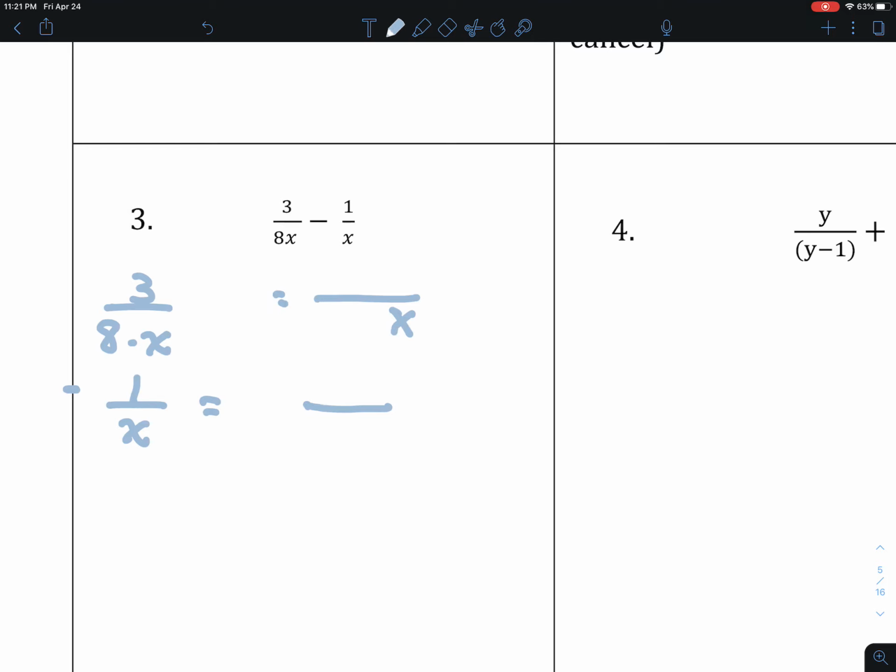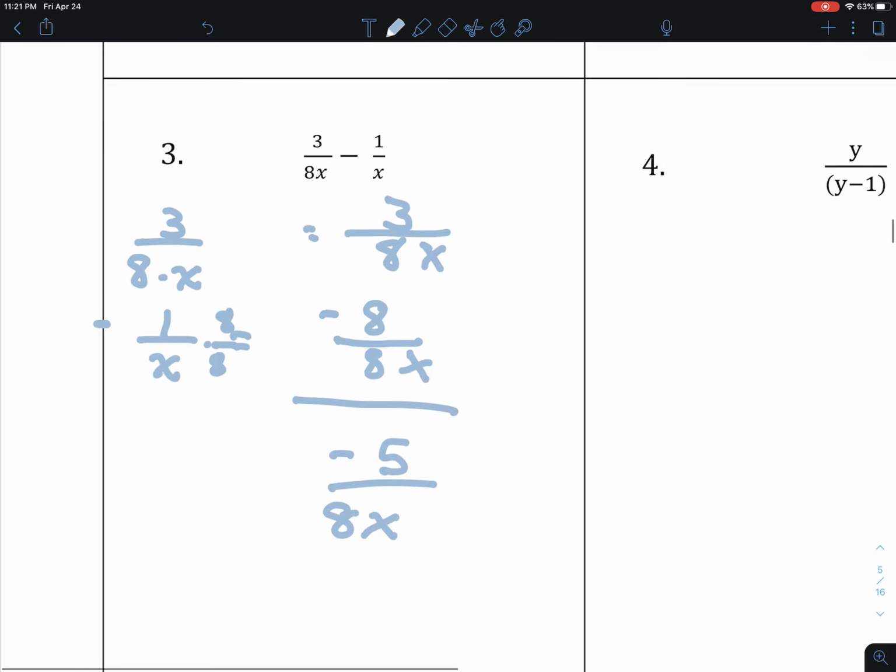Well, we know they both will have an x, and this one would have an 8x. So what can I multiply x by to get 8x? It's 8. Remember, I have to multiply the denominator by the same thing, so that would be 8 over 8x. And because I didn't have to change this denominator, the numerator remains the same. We are subtracting, so this is going to give me negative 5 over 8x.